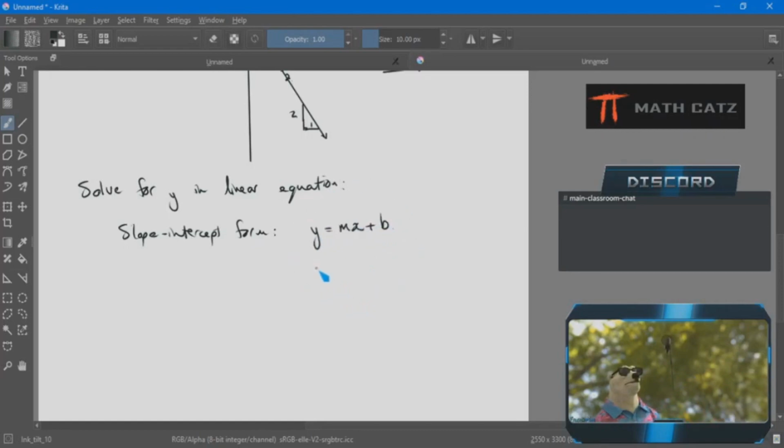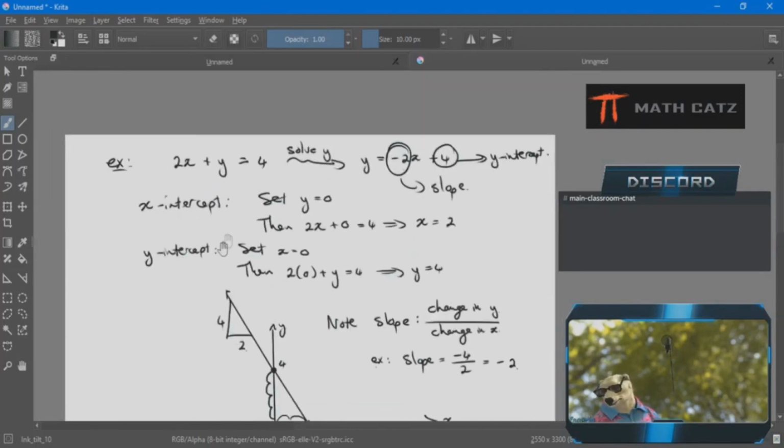It is an alternative to the general form that in my opinion is a little bit more useful, because the numbers that feature in that equation directly correspond to properties on the graph, whereas the original general form of the linear equation doesn't show me immediately what those numbers mean. I had to do a little bit to find out what all these numbers are, especially if there's something in front of the y.